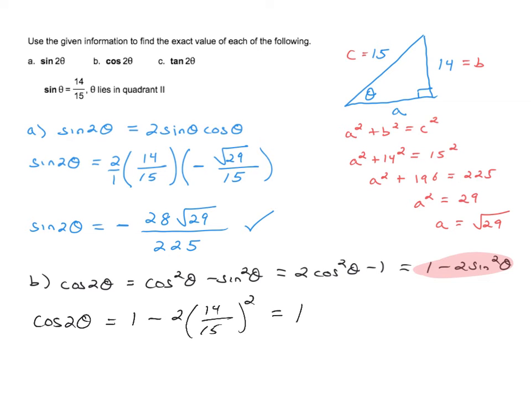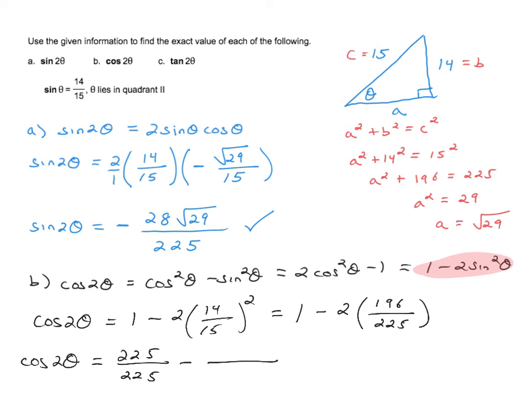That is equal to 1 minus, if we square 14 over 15, that's going to be 196 all over 225. So we're going to have a common denominator of 225 because I'm going to write 1 as 225 over 225.